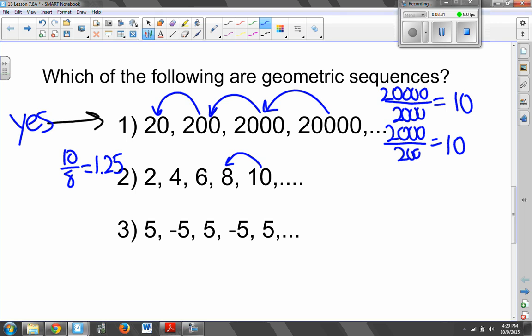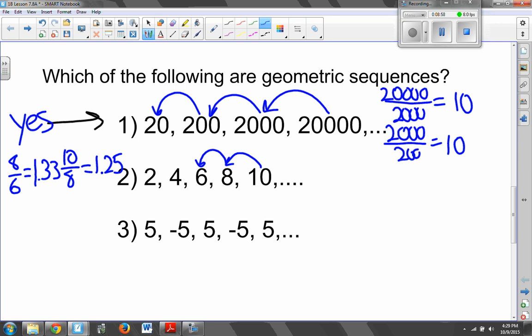Let's see if that matches up with 8 divided by 6. 8 divided by 6, do that on the calculator as well. And we should get 1.33. So I have an issue here because the number I got when I divided doesn't match up when I go from term to term.